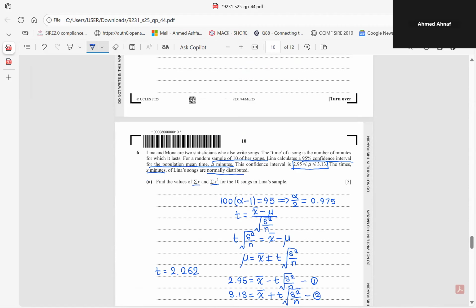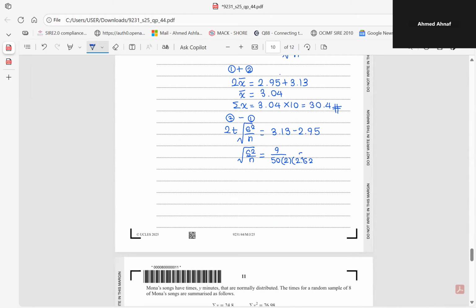Okay, let's remove the square root and just square this whole thing. So 9 over 50 over 2 times 2.262, squared, gives 225 over 142,129.